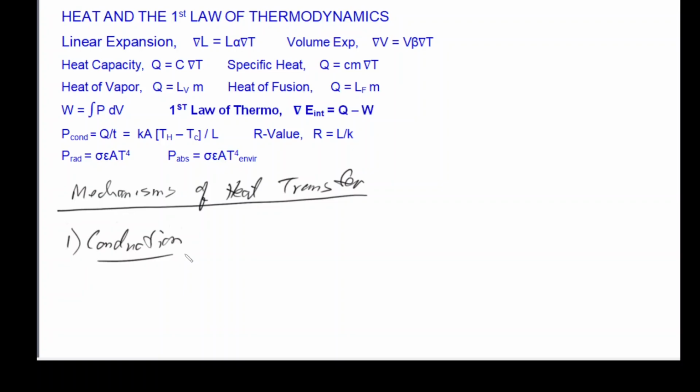And with conduction, you get a transfer of heat and energy from atom to atom in a body or between bodies. So if you have a metal rod and you heat one end, the heat is conducted or transferred through the atoms of the rod.